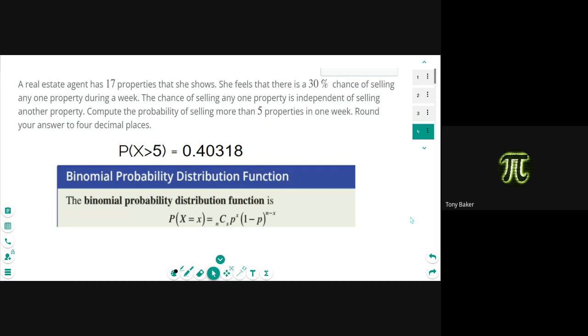That's the actual formula. But you'd have to do it for 5, 6, 7, 8, 9, 10, 11, 12, 13, 14, 15, 16, 17. Or you could do the other direction, do 0, 1, 2, 3, 4, and subtract those off. That is the other way to do it. Using the calculator online is a lot easier.